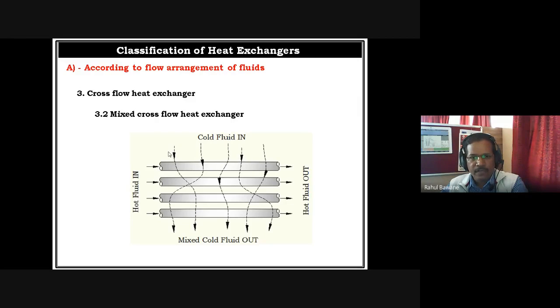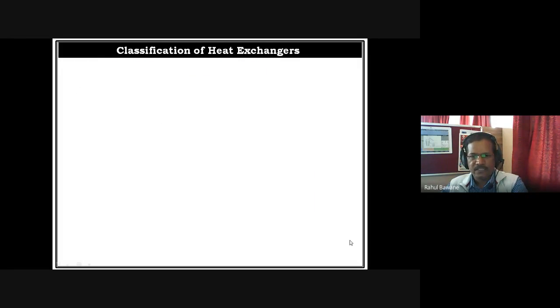But the cold fluid, as there are no baffles, when it enters, moves over the tubes and can randomly move anywhere. So the cold fluid can be mixed. As I said, if any one fluid is a mixed kind, then it is a mixed cross flow. So this is a mixed cross flow heat exchanger.